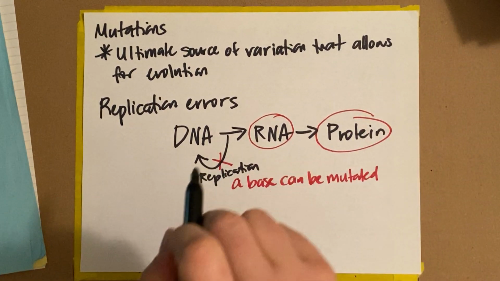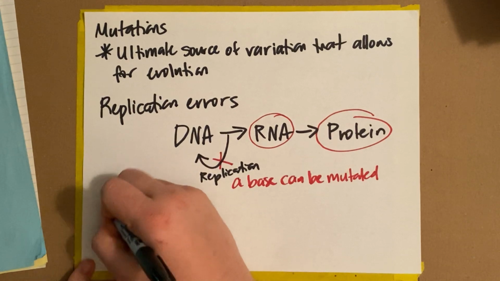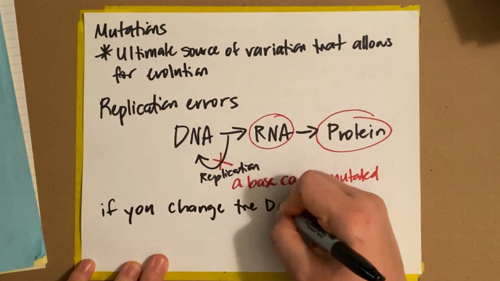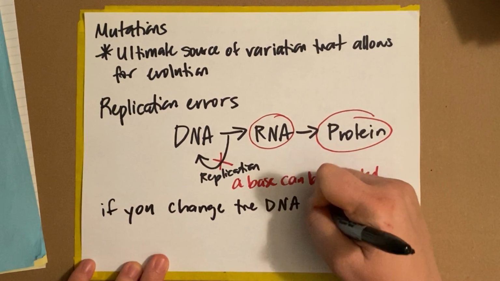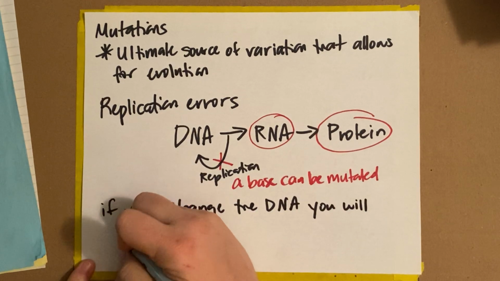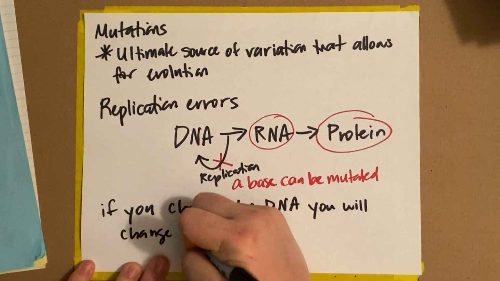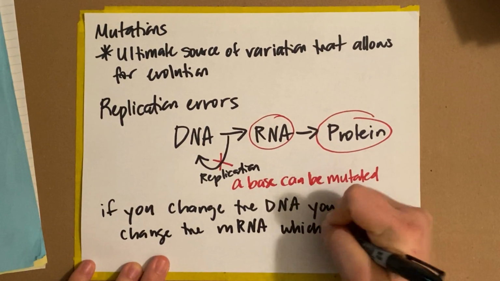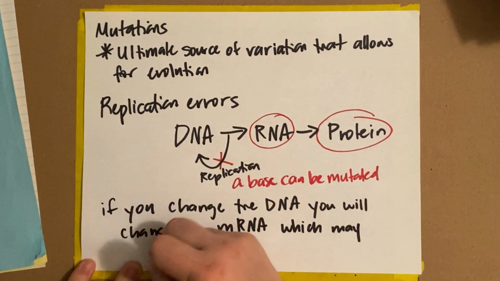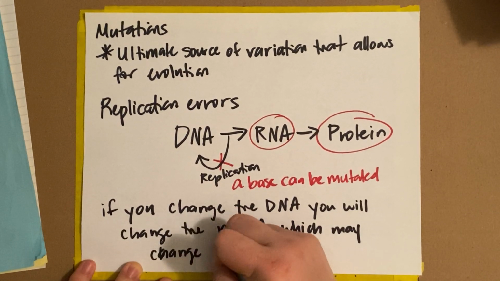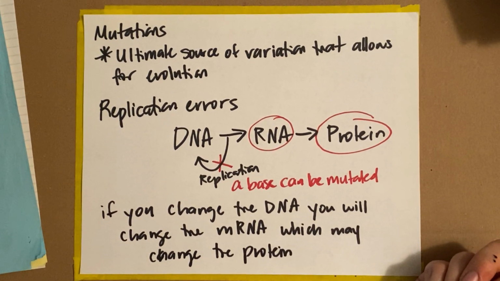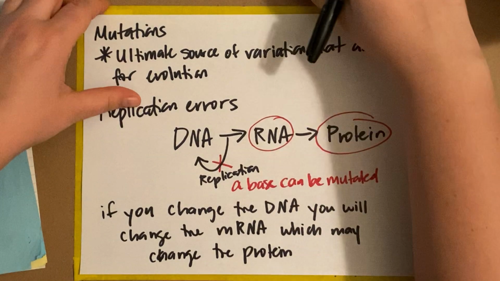So if you change the DNA, you will change the mRNA, which may change the protein. Not always. I'm going to show you some situations where it doesn't. We're going to talk about a couple different types of mutations.